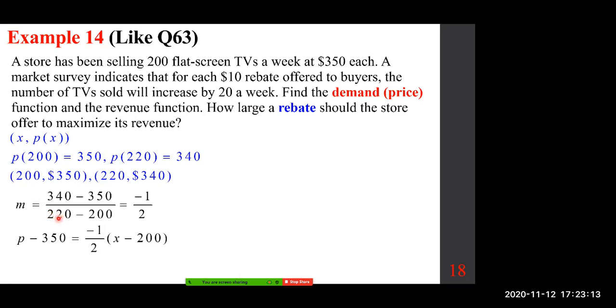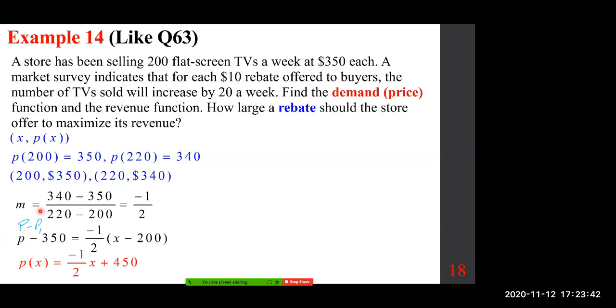That's absolutely fine if you want to go with x and p. And then y minus y1 becomes p minus p1. Let me just write this at top of it. So this in essence is p minus p1, okay, class? And so you do the math, you end up with the price. I'm assuming this part, class, is elementary algebra. You're doing your elementary algebra to find the equation of a function.